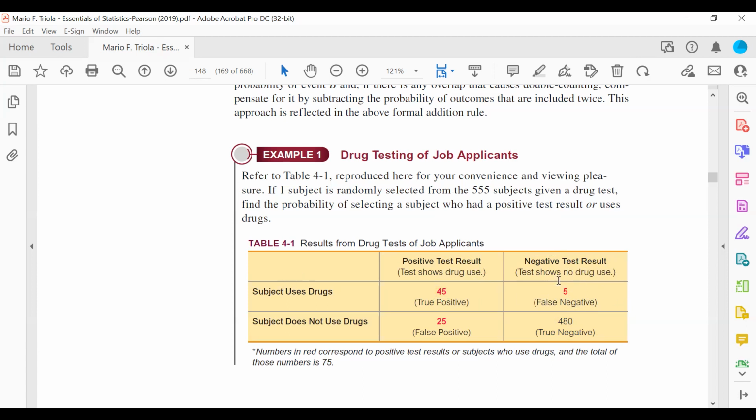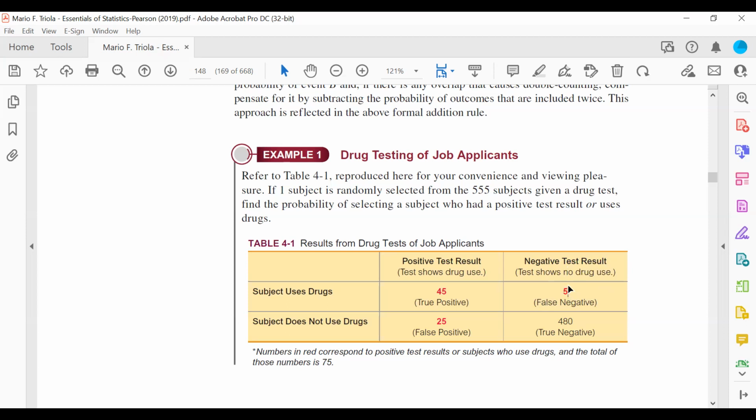Yes, I used drugs. But guess what? The test results said, no, you didn't. So they weren't telling the truth. I guess they wanted to fit in with the crowd. They lied about taking drugs. They didn't use drugs, so they did not tell the truth. That's what that 5 is.